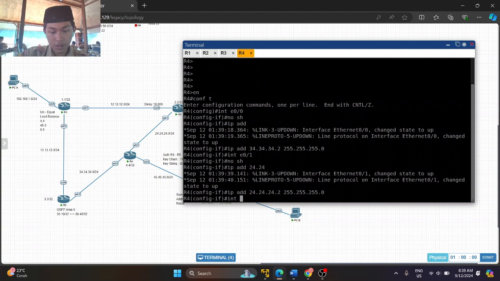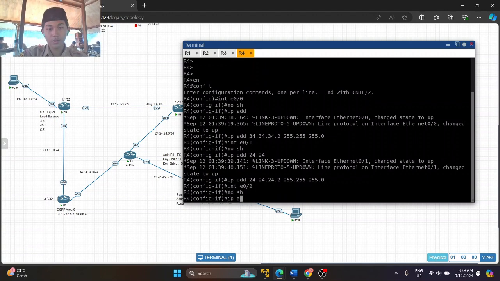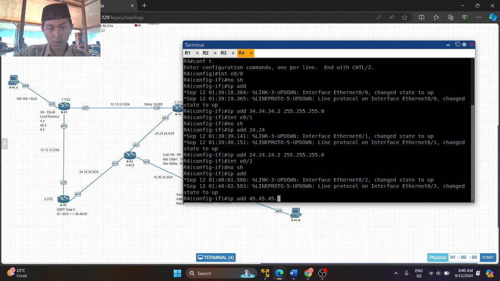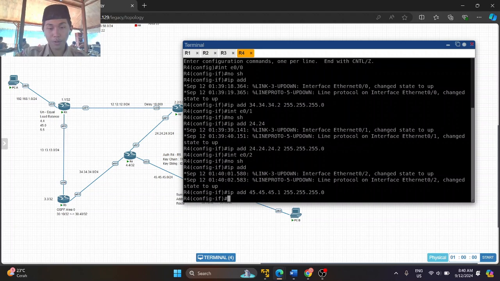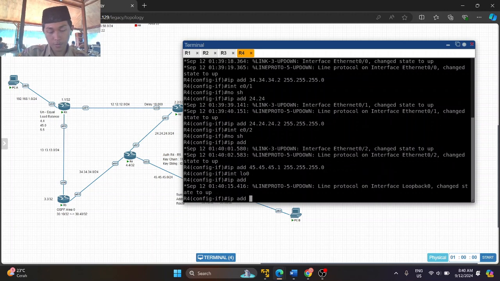Then interface E0/2, no shutdown, IP address. This link is connected with router 5, so we use the IP for 45. Interface loopback 0, IP address 4.